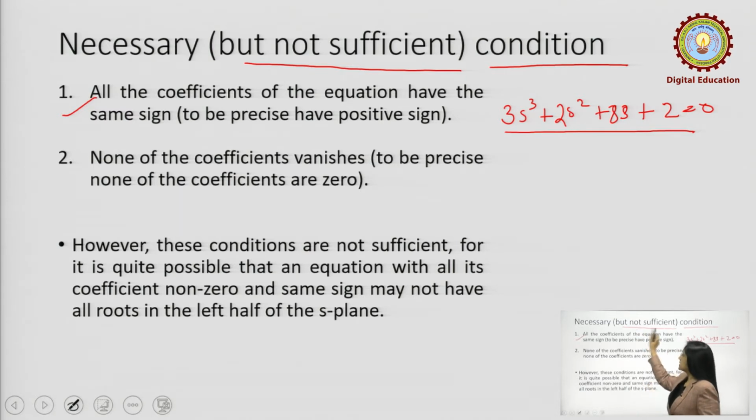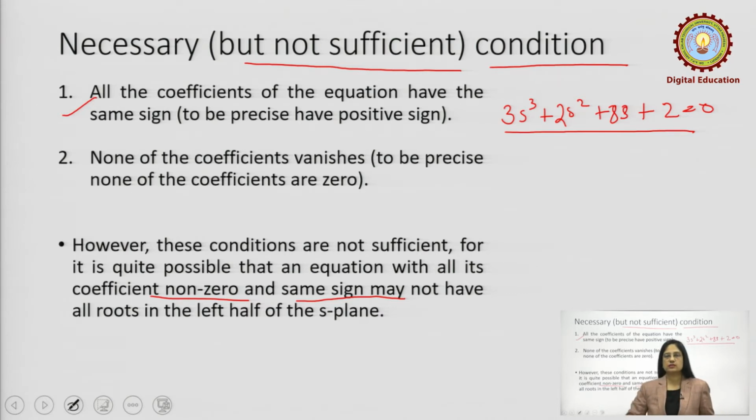Why do we term this a necessary but not sufficient condition? Because it is also possible that even if there are non-zero coefficients of the same sign, not all roots may lie on the left half of the S plane.